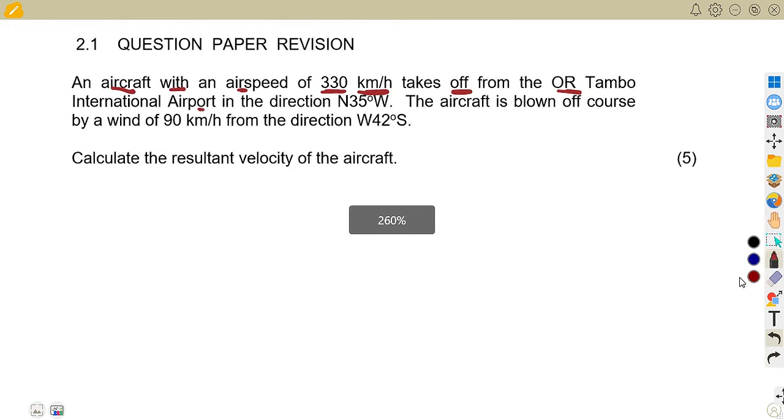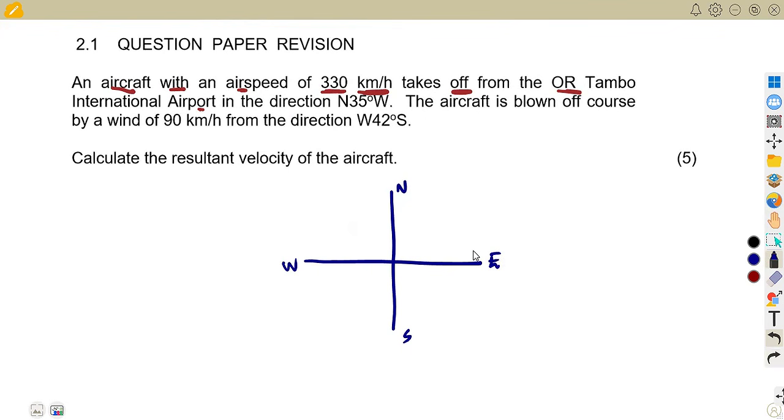Okay, let's do this. This is what we have here. I'm just going to say North Pole, something of this nature. That's our north, south, west, and east. So they're saying the aircraft with an airspeed of this, the direction, is north to the west. We are moving from the north going to the west. That's the direction.